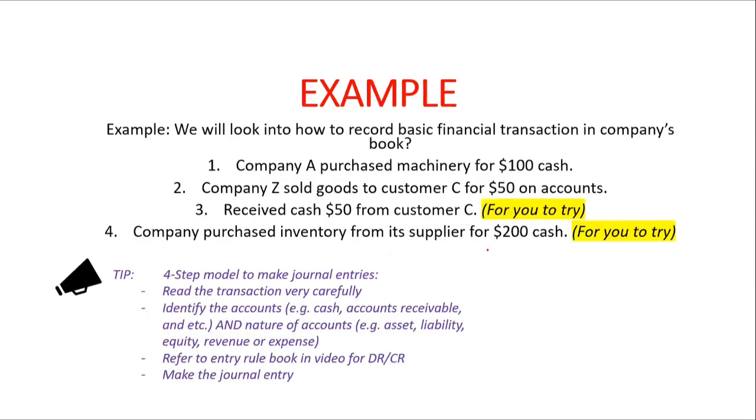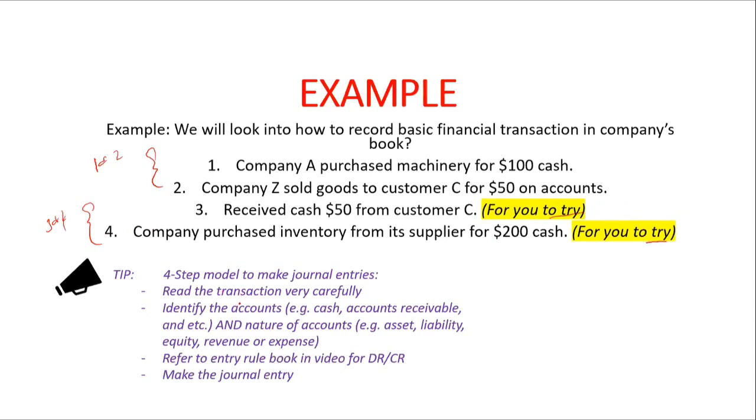I have four examples here, four different financial transactions that you can see in a company. I would solve 1 and 2, and 3 and 4 are for you to try.